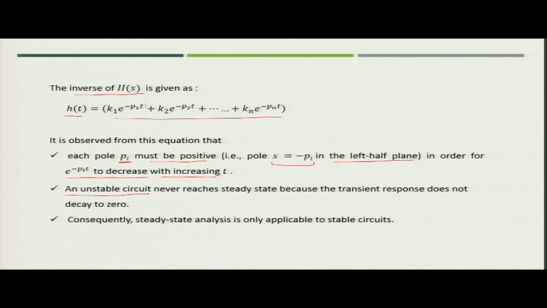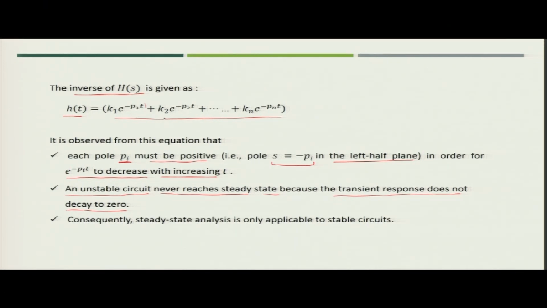Now, in an unstable circuit, it will never reach its steady state value, because the transient response does not decay to 0. If p is negative instead of positive, this term becomes e to the power lambda t, where lambda is some positive term.